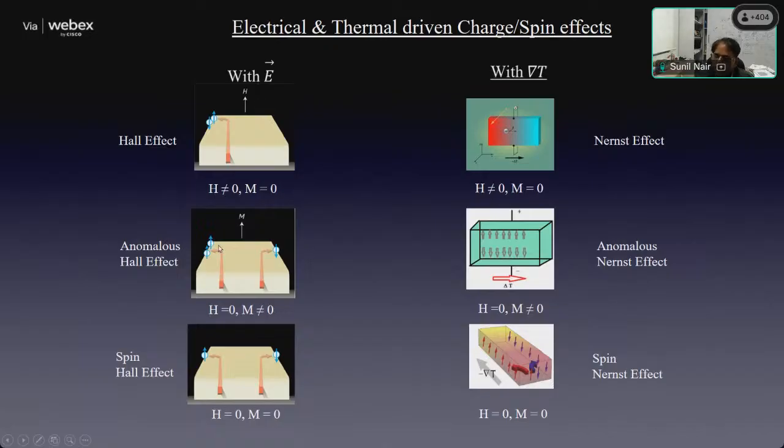What that does is that it gives me more upspins on this side of the specimen and more downspins on this side of the specimen. So what you see here is basically the first idea of a finite spin voltage. And you can see that there is an asymmetry in the number of upspins and downspins when you look at the two sides of a specimen. And that is the first emergence of really a finite spin voltage.